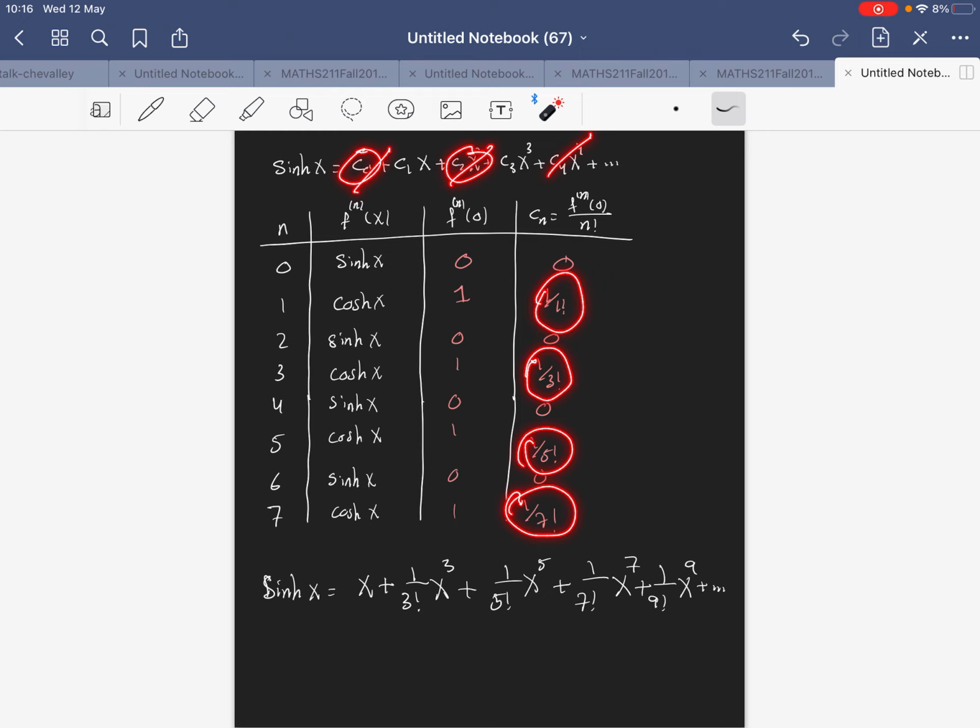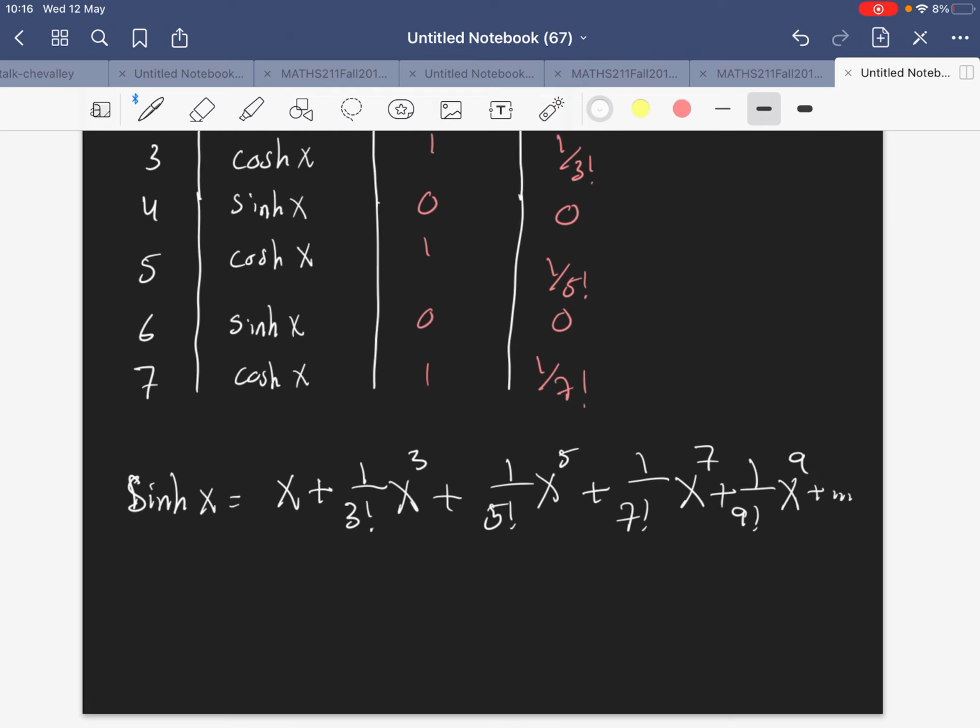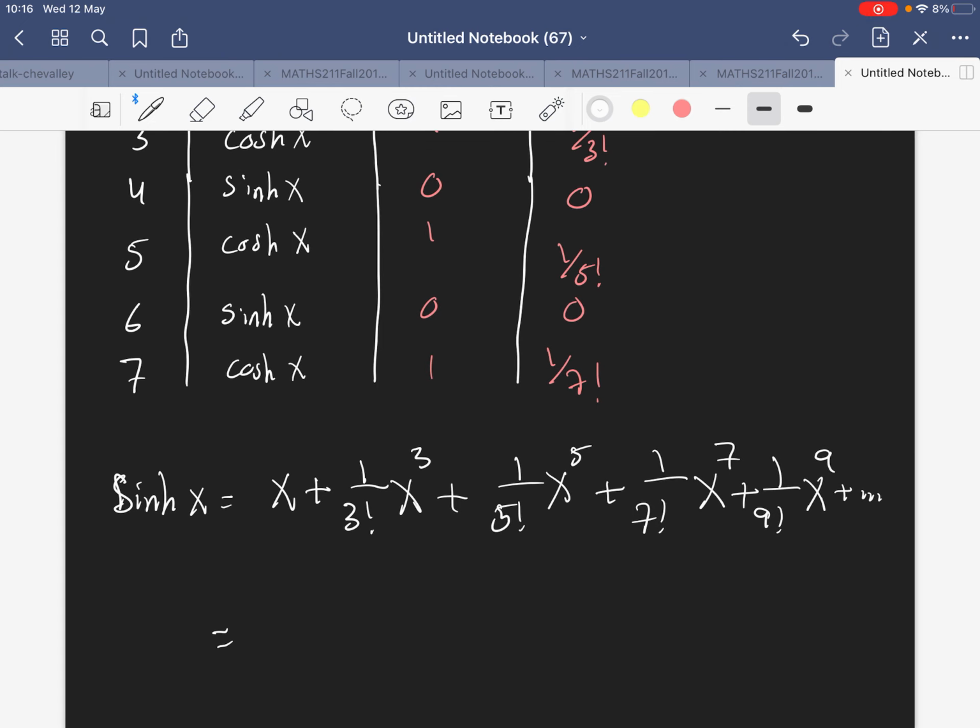Now, how do we get the sigma notation one? Well, here you have to pay pretty good attention to me. Since we are talking about the odd and the even, if we are talking about the odd, how do we write the odd? It should be odd over odd factorial, right?